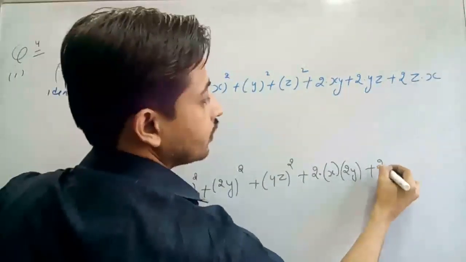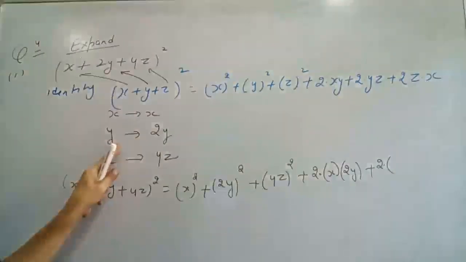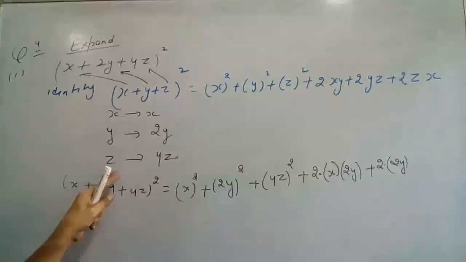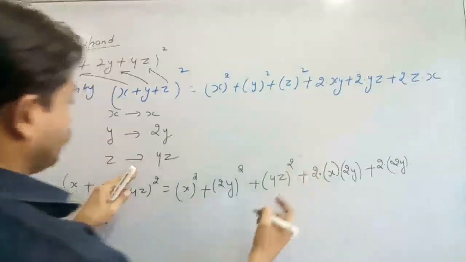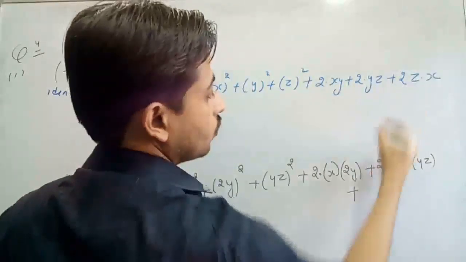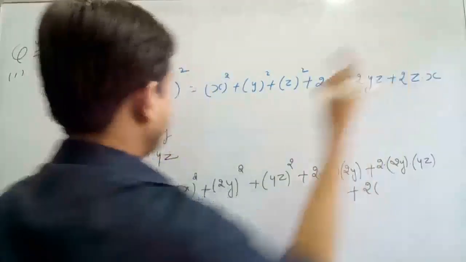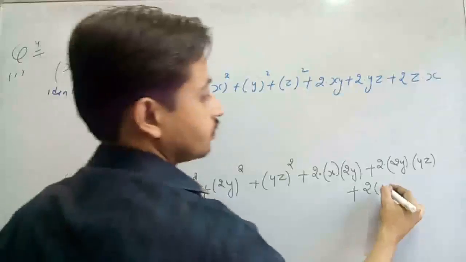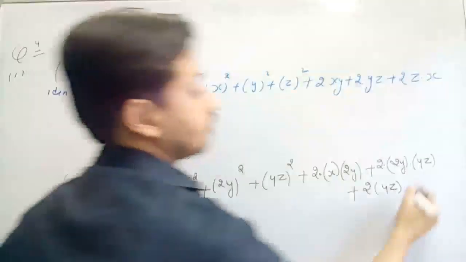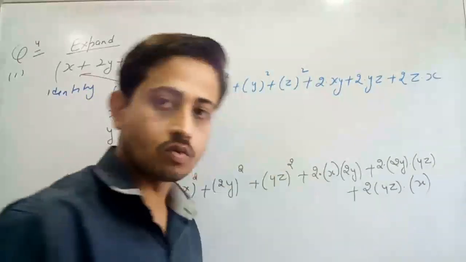Now plus 2 into y, y is 2y, and z is 4z. Plus 2 into z, z is 4z, into x, x is x. So it becomes very simple.